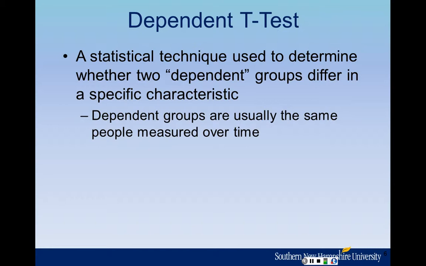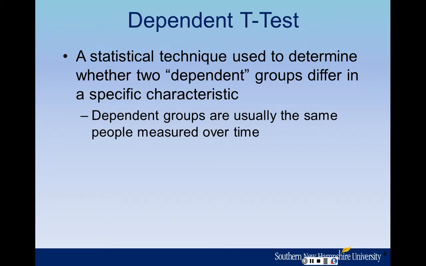On one day they come in and they sit in a quiet room to take the test. On another day they come in and they take a similar test, but they do it in a very noisy room. And you're going to compare the score on the day that it was quiet to the day that it was noisy. And so in that kind of scenario, it's the same people being measured under two different conditions.